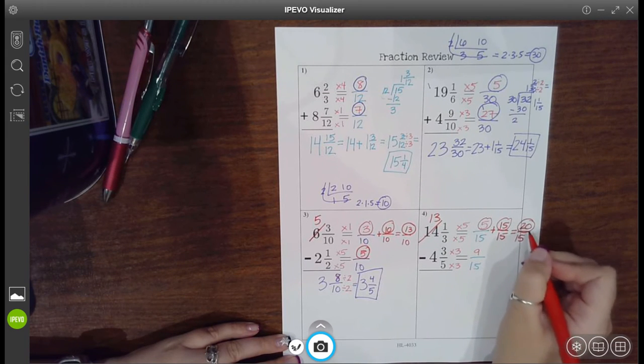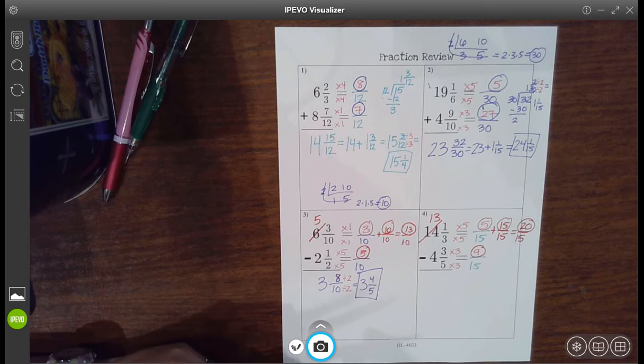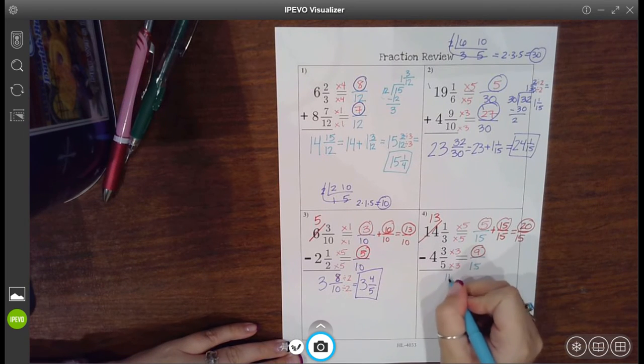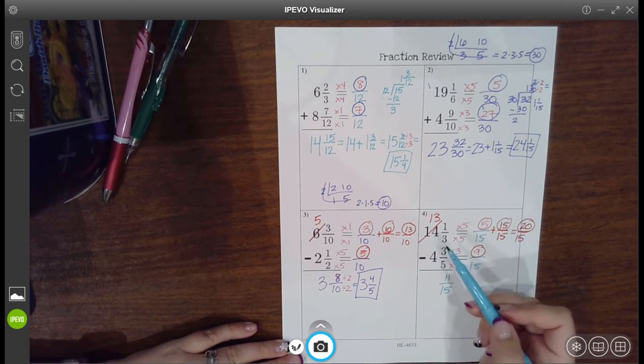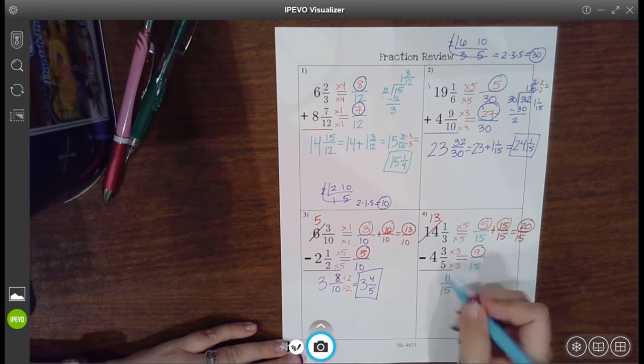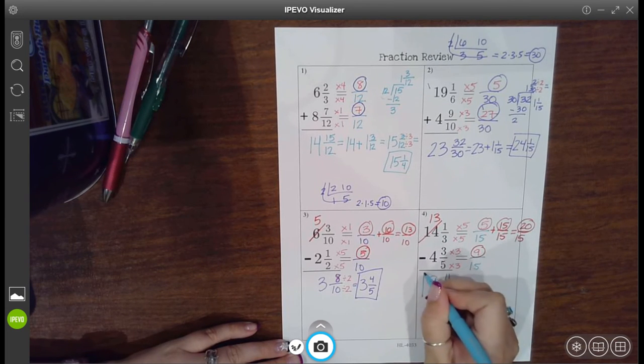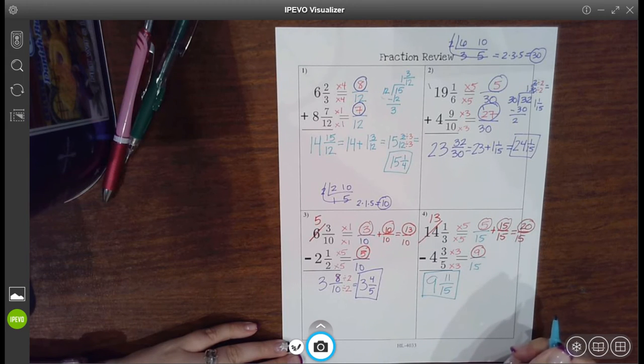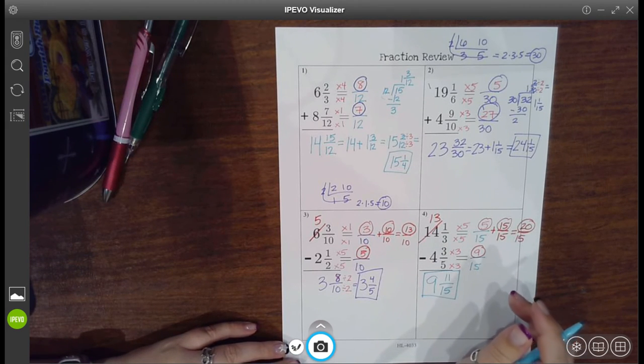Now I have a big enough numerator to take 9 away from. 20 minus 9 is 11. Keep the denominator of 15 the same. Your whole numbers in front, 13 minus 4 is 9. Can I reduce this? No. You're done.